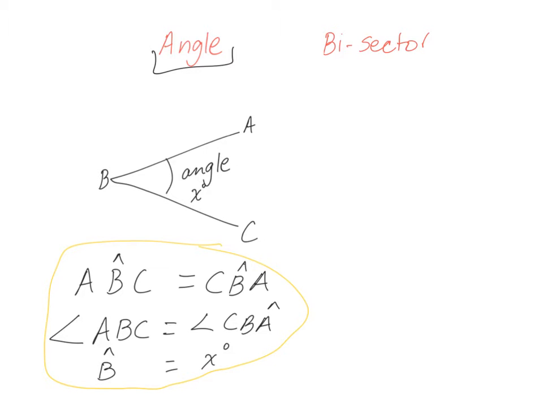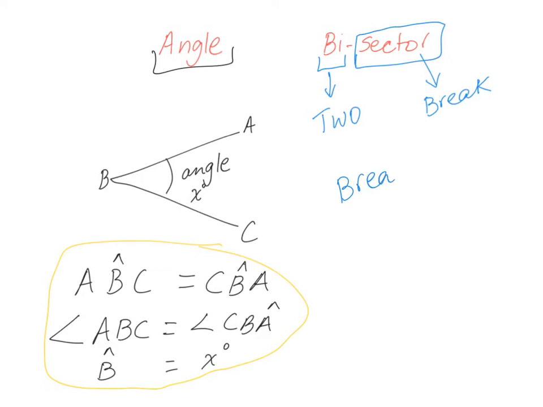Now let's go to the next term, bi. What does bi mean? Bi of any type means two. So sector or section is to break. So break an angle into two equal parts.